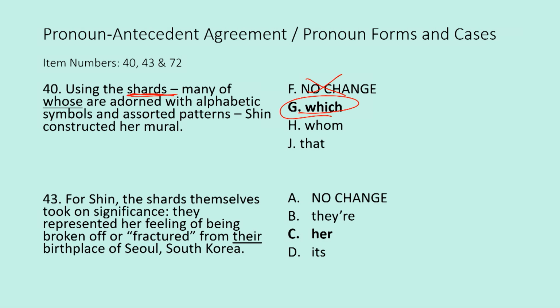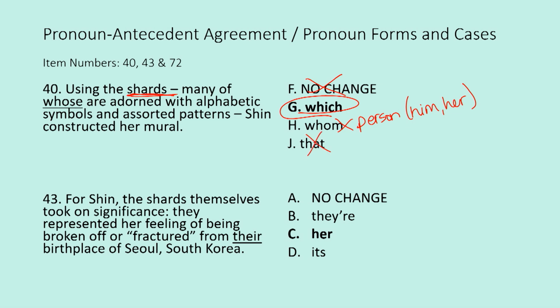The shards which are adorned with alphabetic symbols and assorted patterns. Which refers back to shards. It wouldn't be whom, because whom refers back to a person, right? So that could be a him, a her, not an it. That does not work there either.